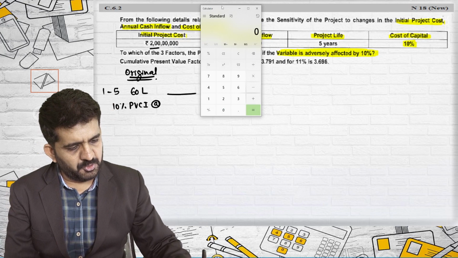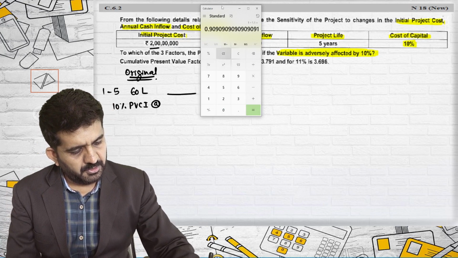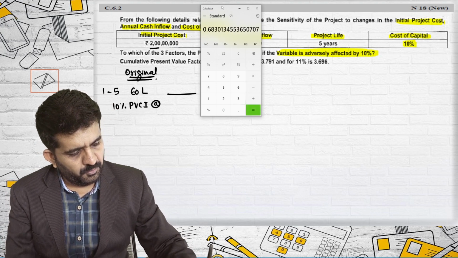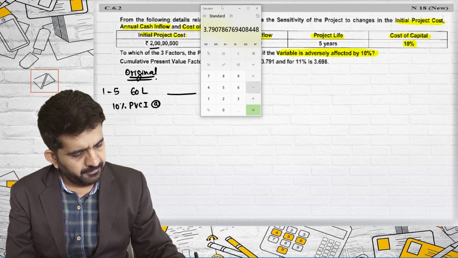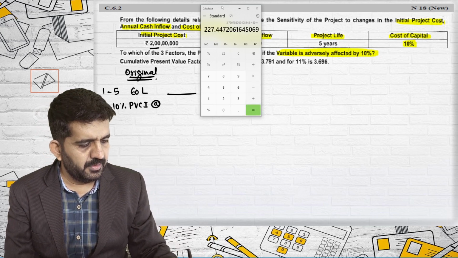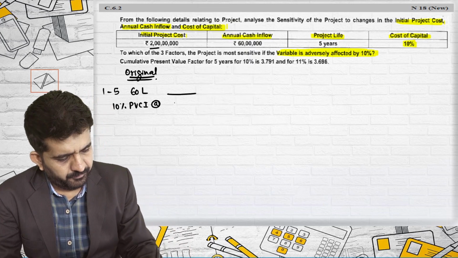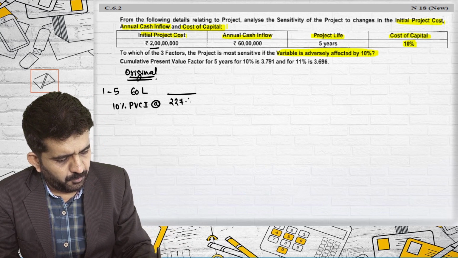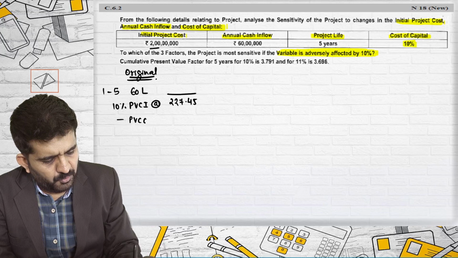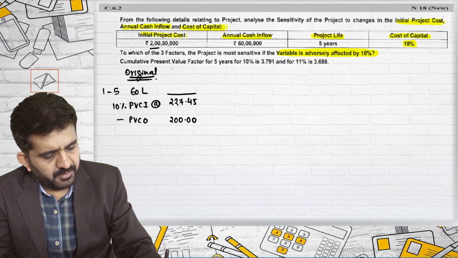You are having GT, so it is very good for you. 1 divided by 1.1, and then 2, 3, 4, 5, multiplied by 60 is equal to 227.45, and minus present value of cash outflow, which is 200.